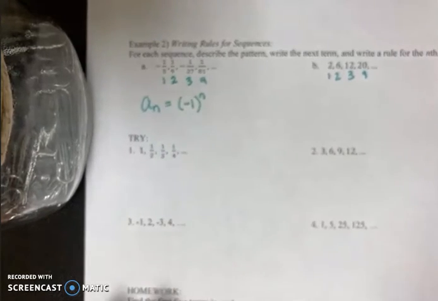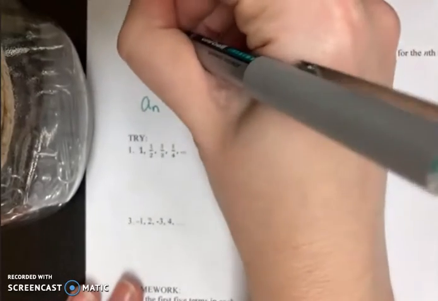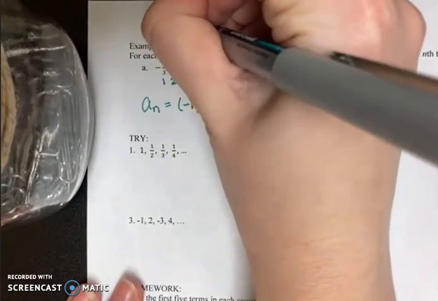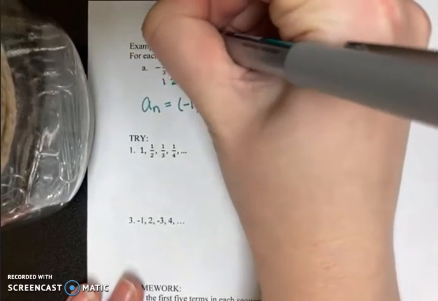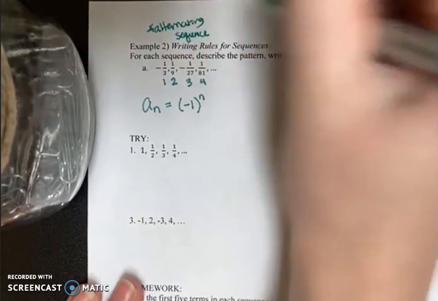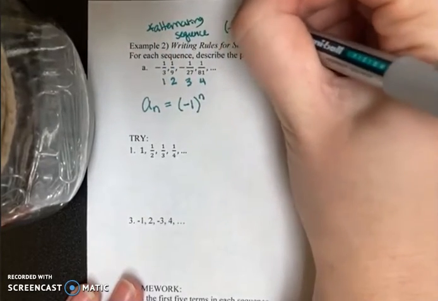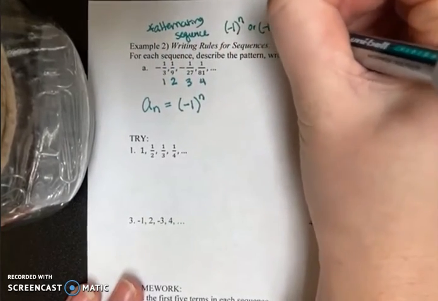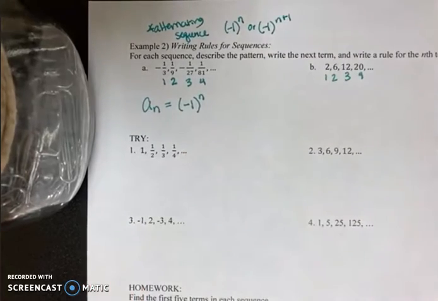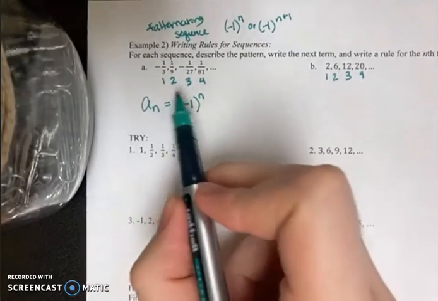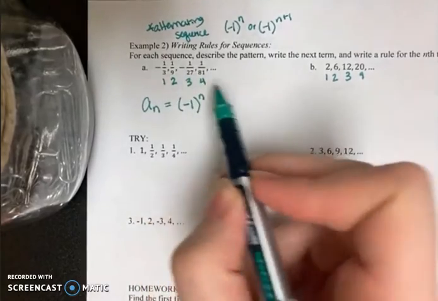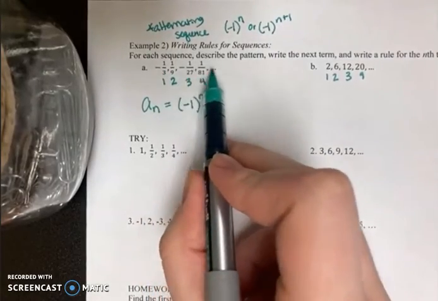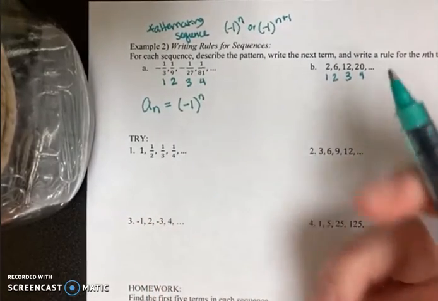So again, your options here when you have an alternating sequence is to use negative 1 to the n power or negative 1 to the n plus 1. Now, when I look at each term, you see how there's a 1 in every single numerator?